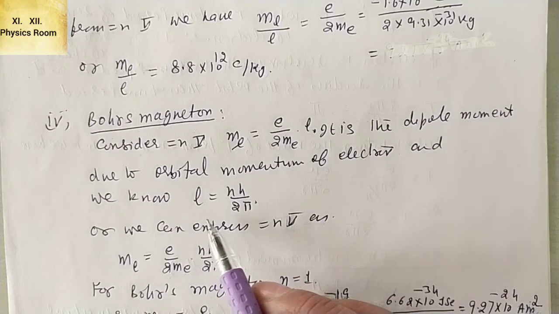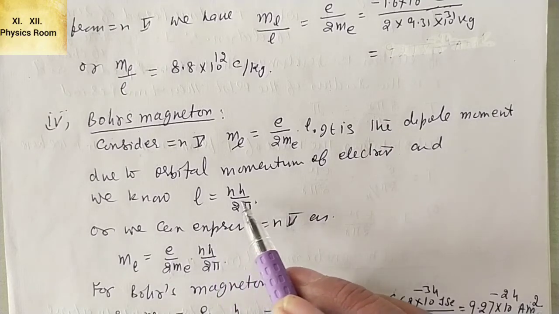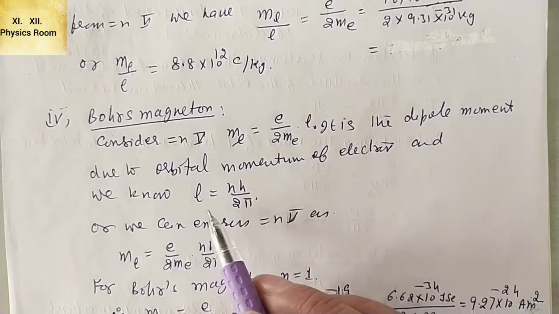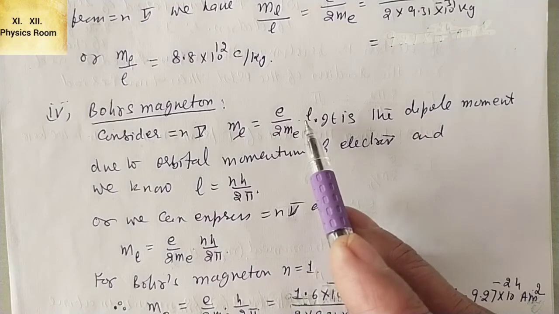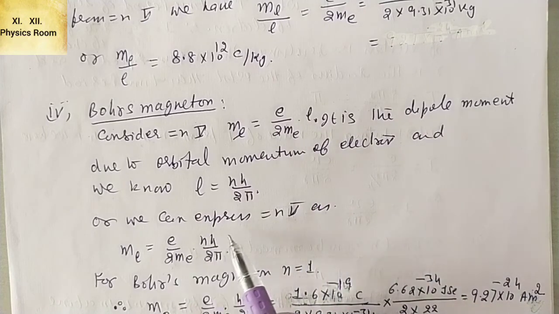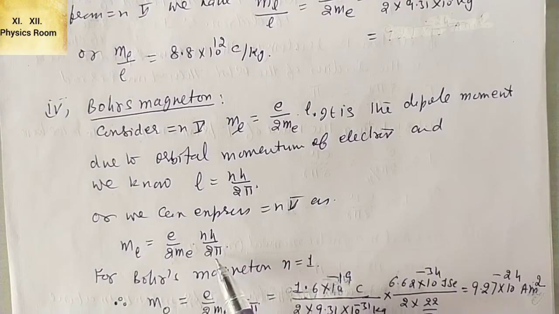Angular momentum of an electron is equal to an integral multiple of h by 2 pi. So substituting the value of L, we can express equation 5 as ml is equal to e by 2 me into nh by 2 pi.